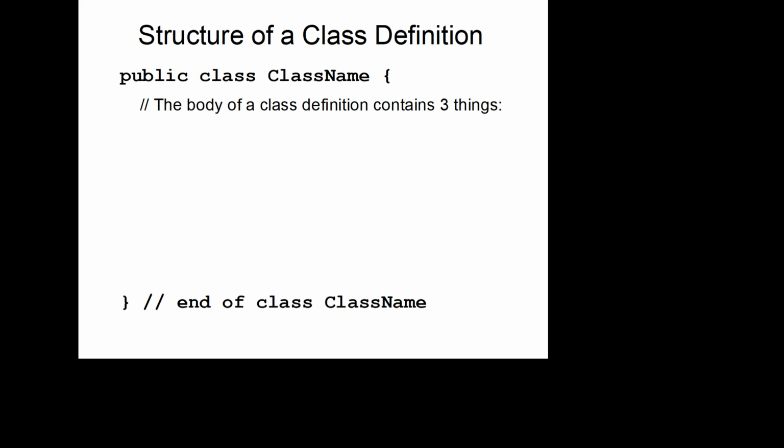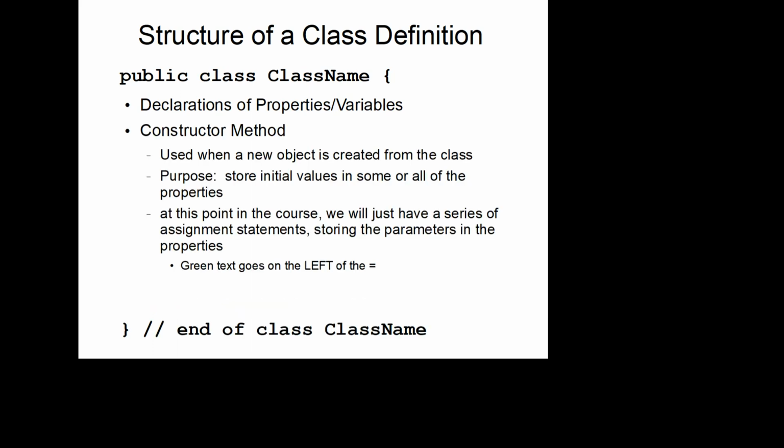The body of a simple class definition contains three things. First of all, remember that the objects have properties. So the first thing in a class definition is that we declare the properties, or variables, for the objects of the class. This sets up the storage, the things that the class knows. The second thing in a class definition is what's called the constructor method.